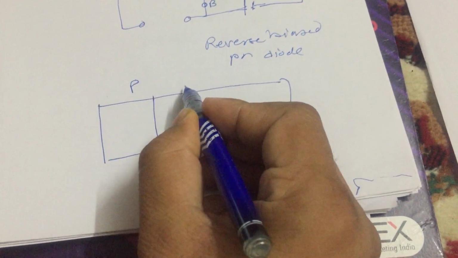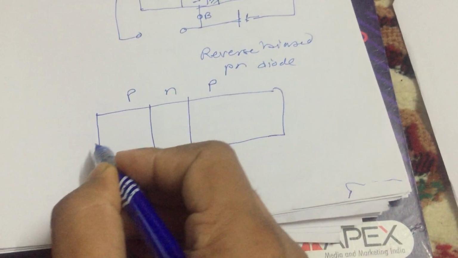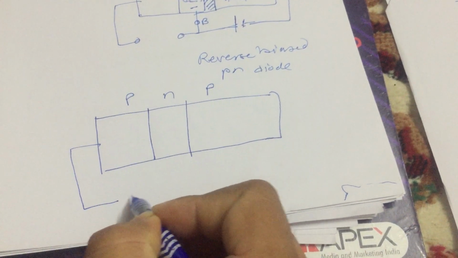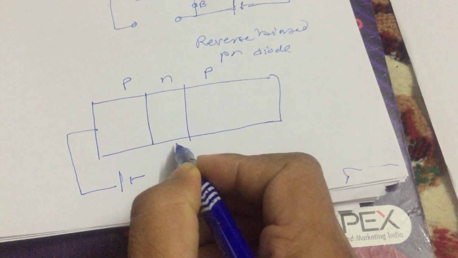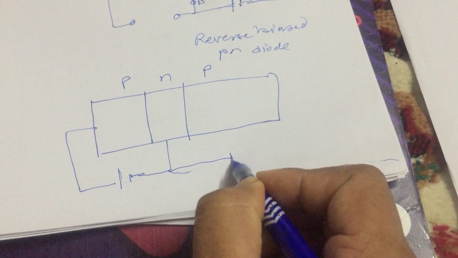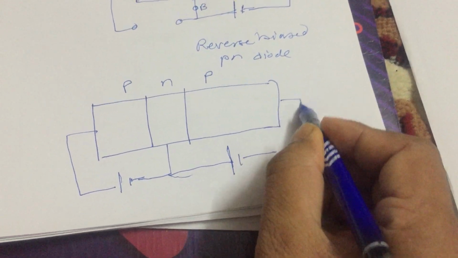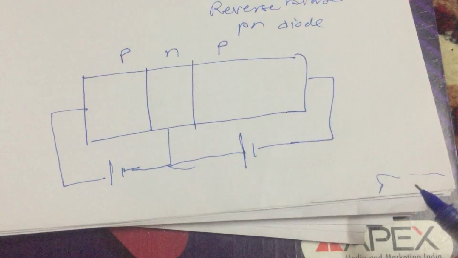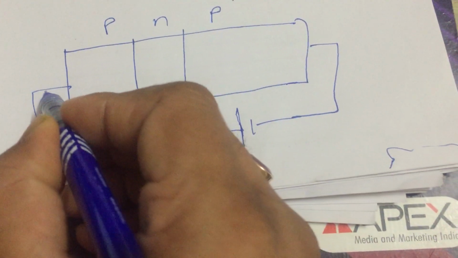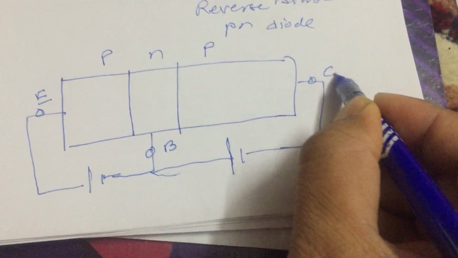This is P, this is N, and this is P. Now what we are doing, we are making the emitter base junction forward biased and the collector base junction reverse biased. We are giving both at the same time. One is forward biased and another is reverse biased. This is emitter, this is base, and this is collector.